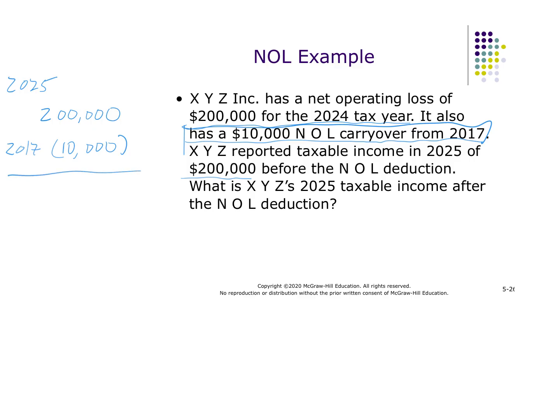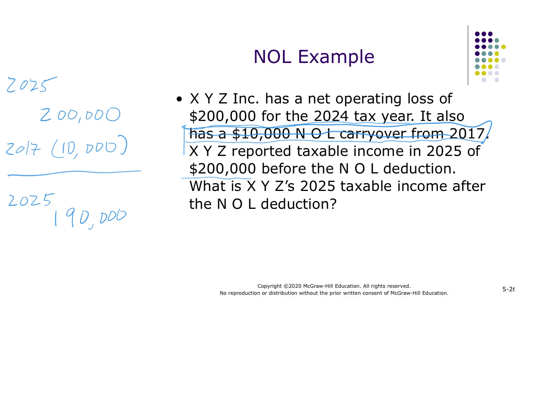So what we have left now for 2025 is $190,000, okay? Now, so we've used up that NOL, okay? We also have a net operating loss of $200,000 from the 2024 tax year, okay?